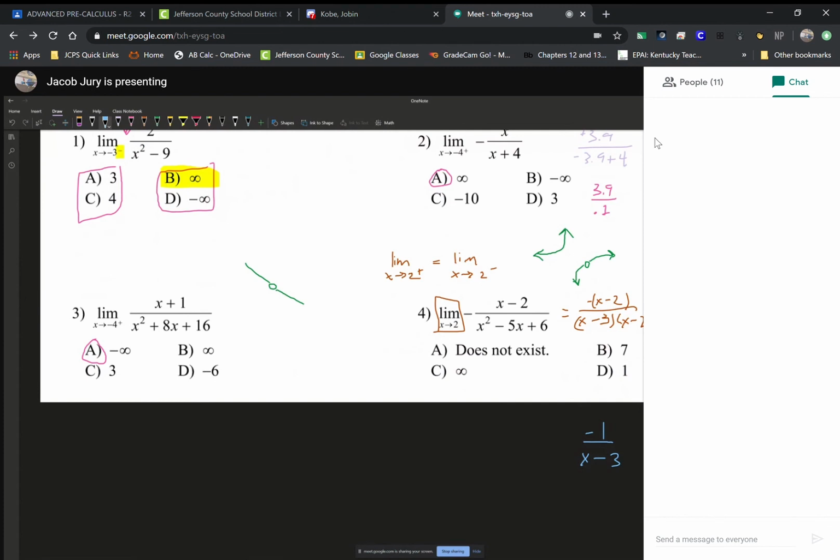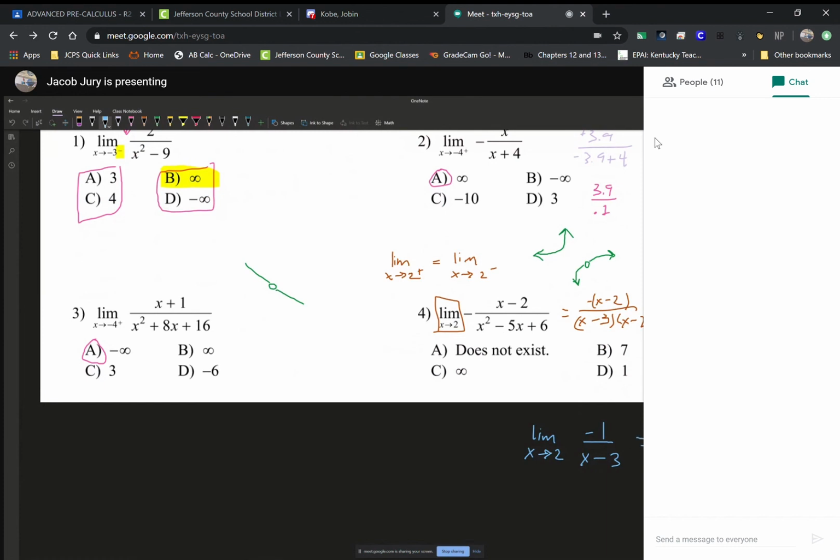So this will actually tell us what's happening to the y values at 2 if we just plug in 2. So there's nothing special happening at 2 if we've taken out the holes, or the factors that are contributing to the hole.